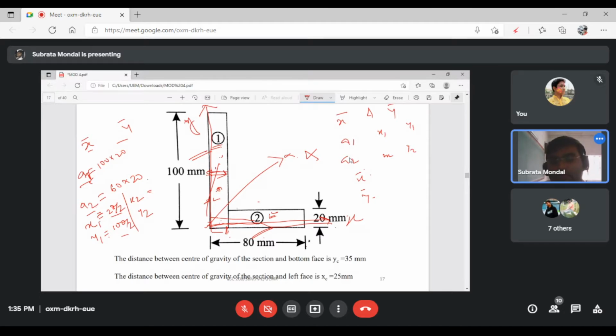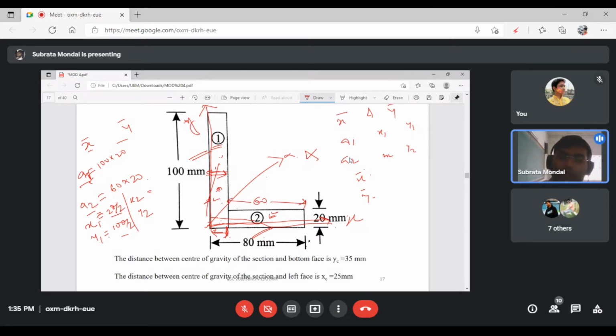So what will be that? See, simply that 20 is already considered for this rectangle 1. So you cannot consider the same area a second time for another object or figure. Once you calculate the 20, the remaining becomes 80, so ultimately this length is 60.